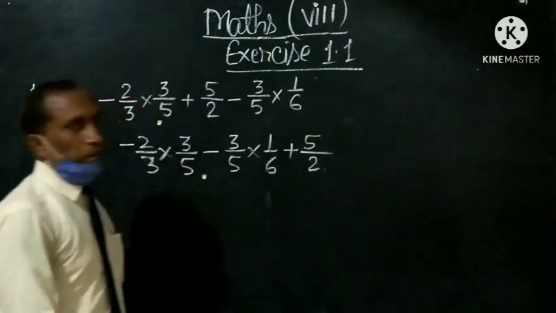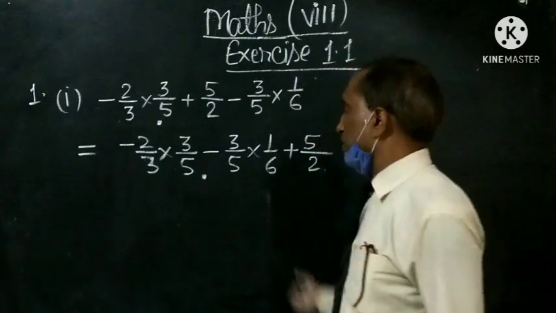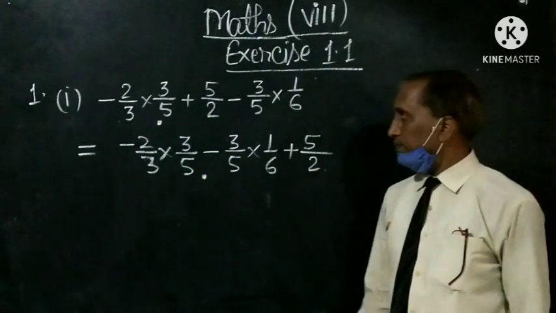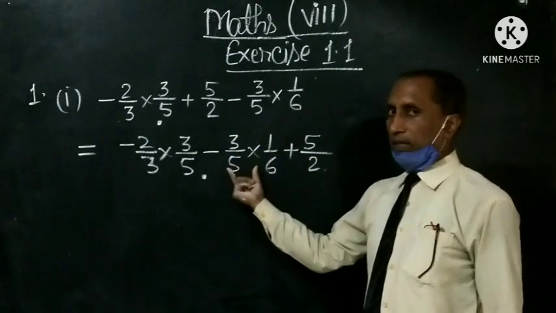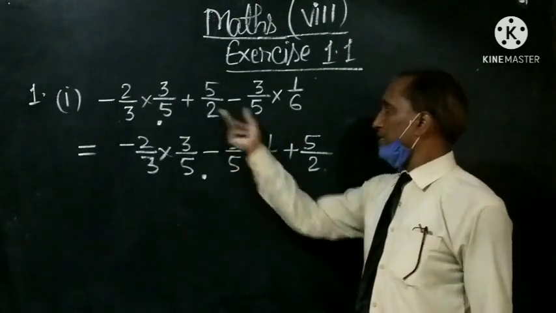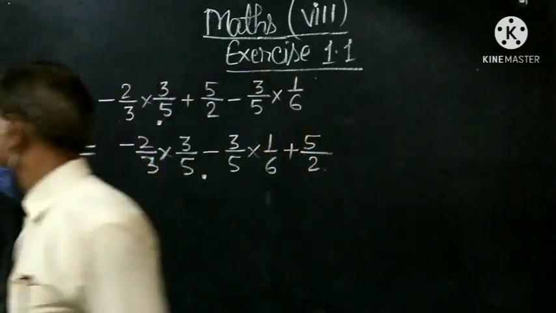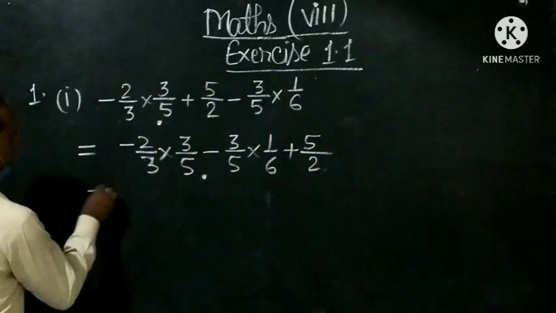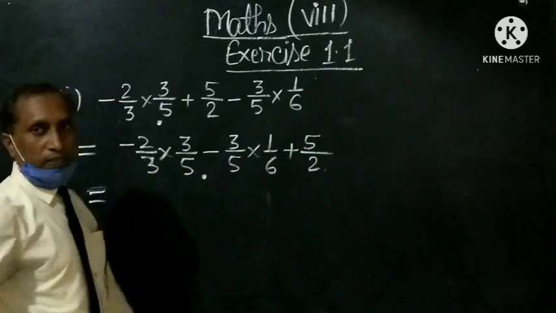In the second step, I rearrange the terms. The first term and third term are together and the second term is in the last. Then, just look at these two terms here.